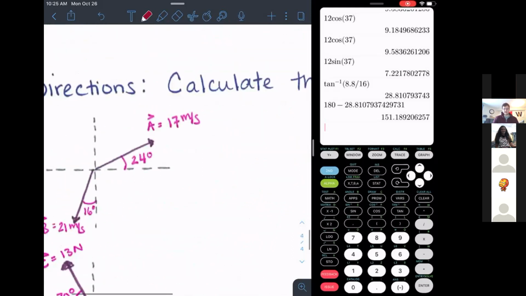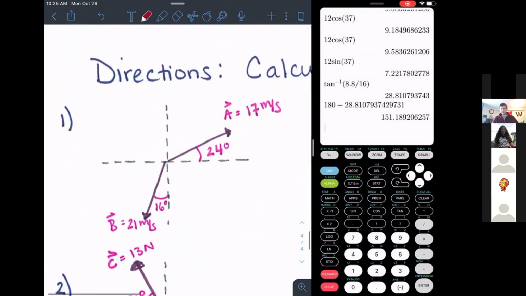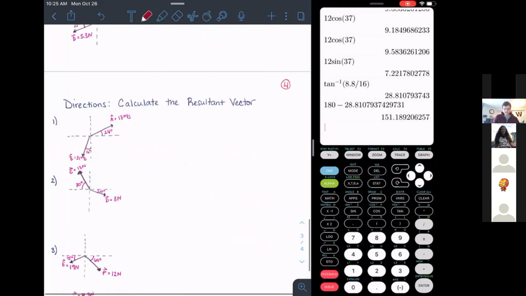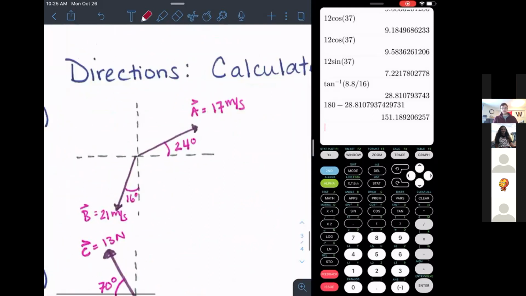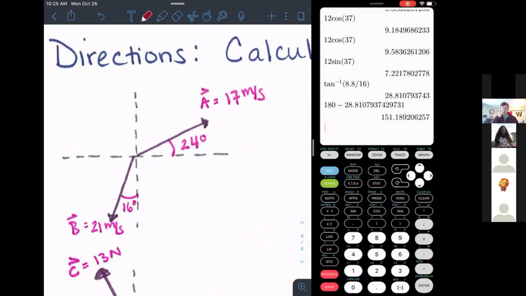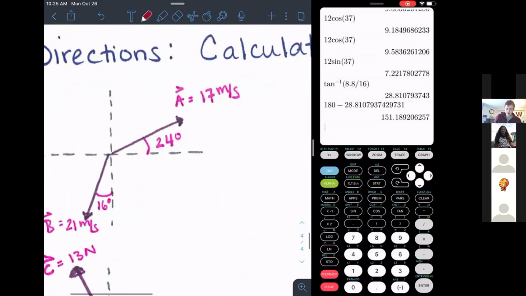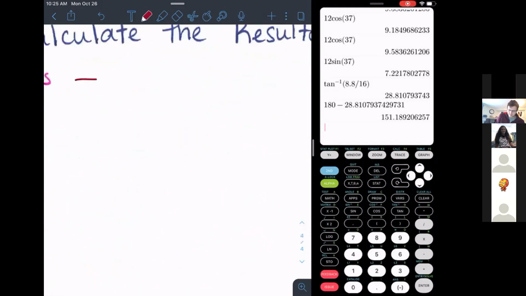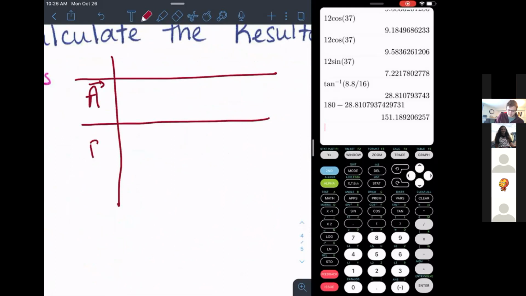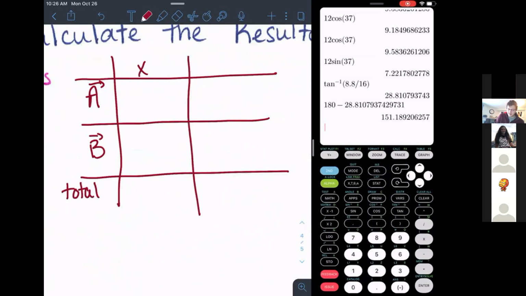All right. So our practice problem is on, I believe, page 4. We have two vectors, vector A and vector B. So we're going to draw that table just so we know how to set everything up. Vector A and vector B. And we're going to have to find a total at the end for the X component and for the Y component.